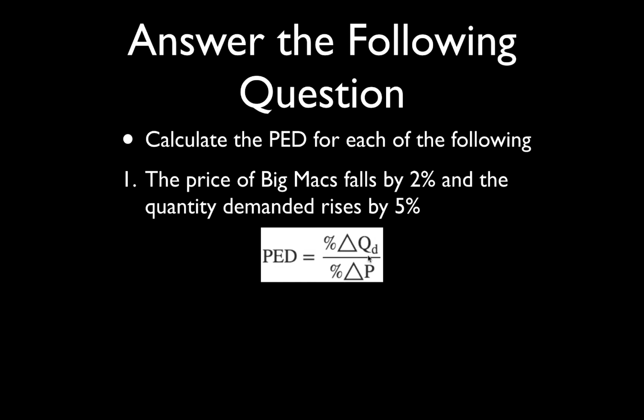Okay, well, the first question we have to ask ourselves is, how do we do the formula? Well, it's the percentage change in quantity demanded. So it says the quantity demanded rises by 5%. So that went up by 5%. That's plus 5%. And the price of Big Macs falls by 2%. So what was the change in the price of Big Macs in terms of percent? Well, the percentage change in price was 2.